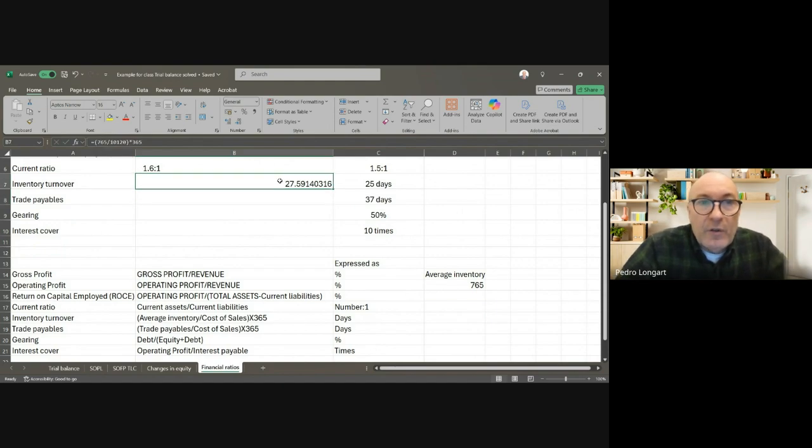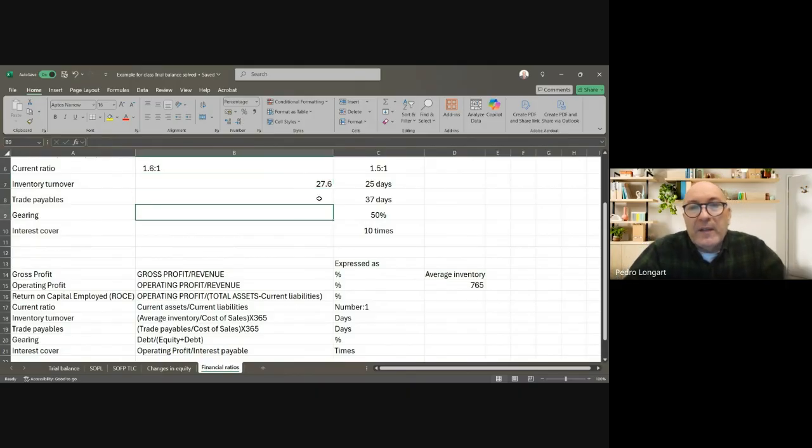I can reduce the number of decimal points because I have too many. I'm going to have 27.6 days. It's around 28 days. So that is my inventory turnover. So it's how quickly I am turning over my inventory.